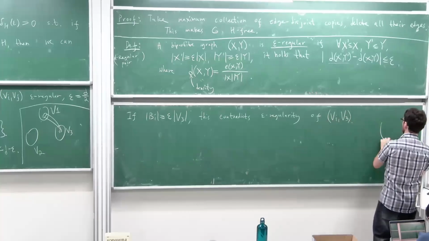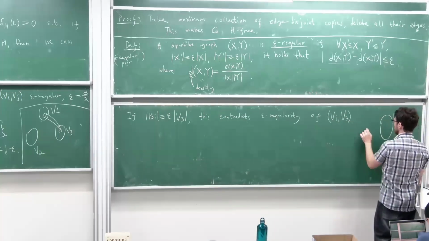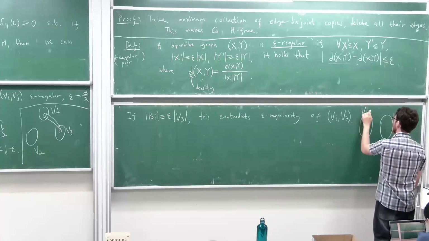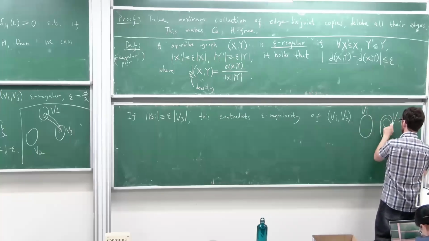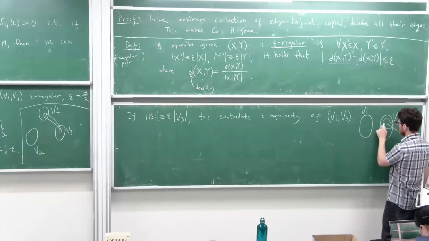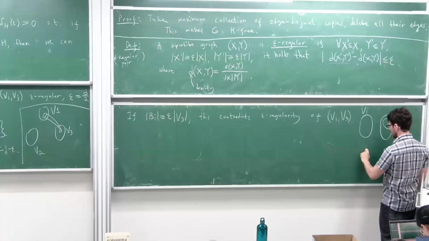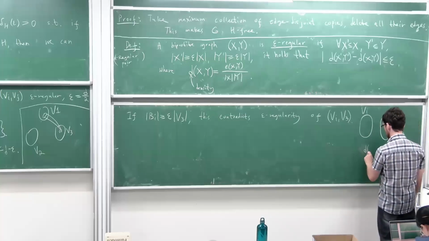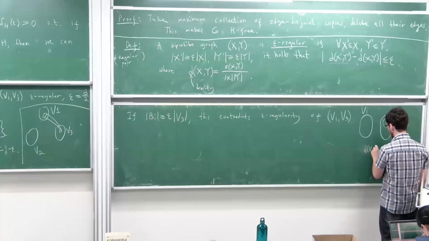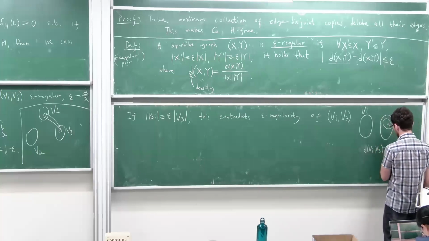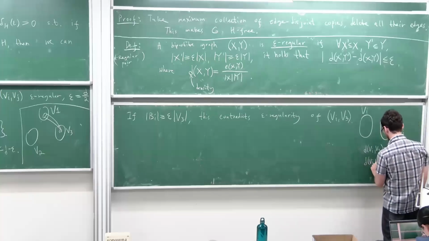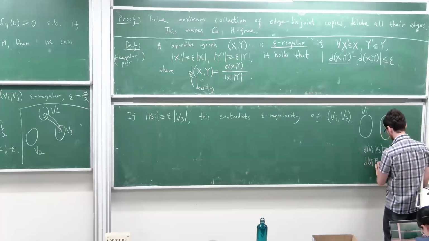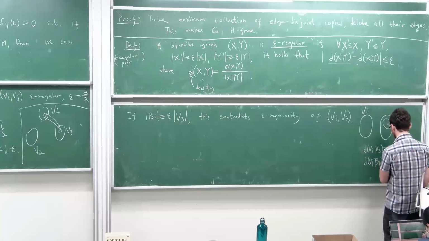So we have V3, we have V_i, and we know that the density between V_i and V3 is at least d, but the density between V_i and the smaller set B_i is less than d minus epsilon.